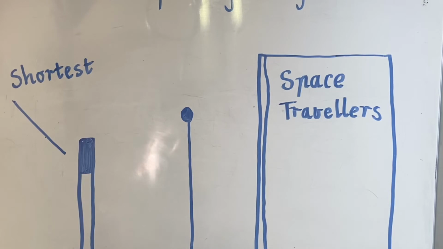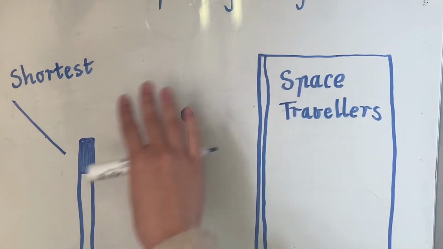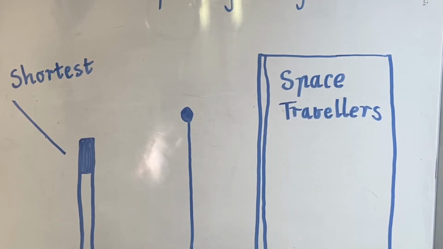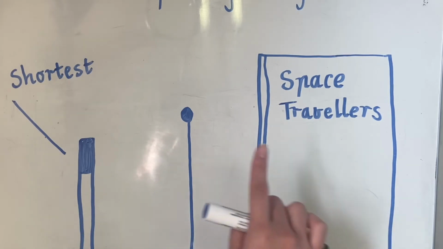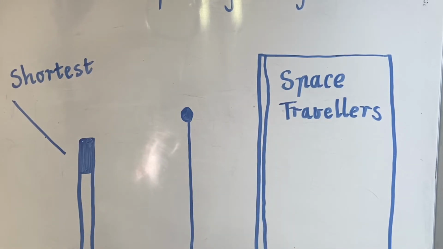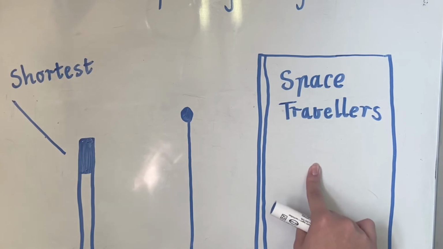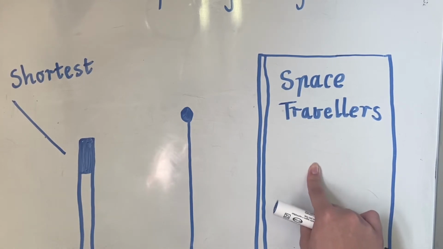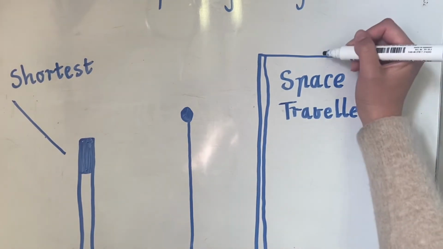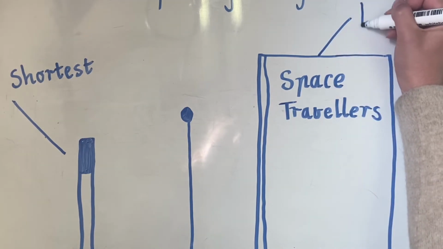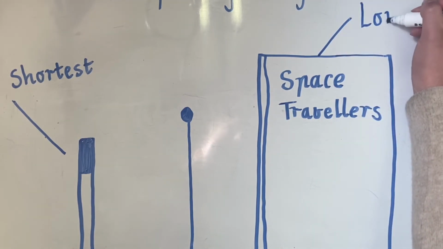Longest means there's no object here that is longer than that object. That is the longest object. Which one here is our longest object? That's right, our book. Let's label that one as longest.